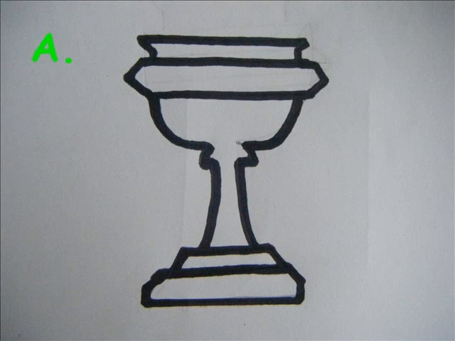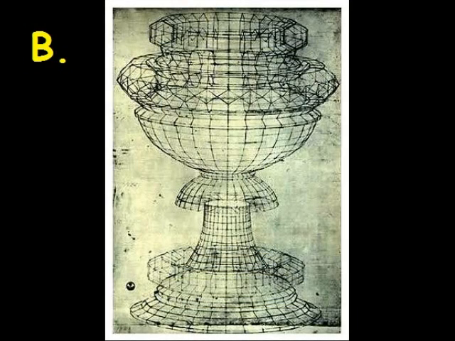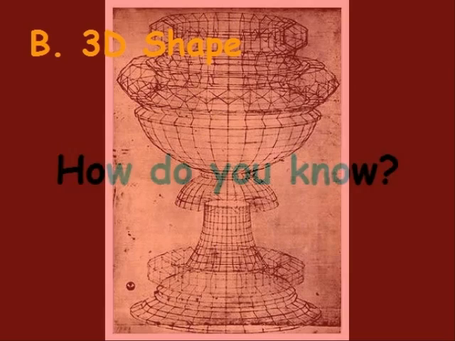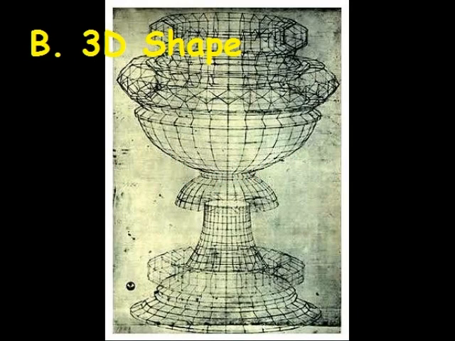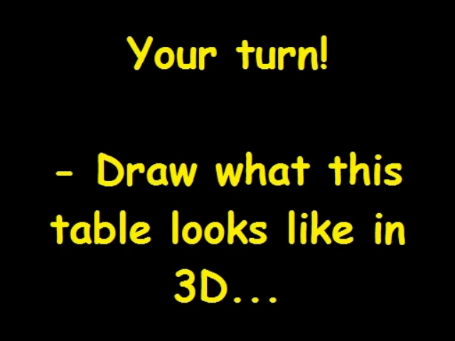A or B? How do you know? B is the 3D shape. Draw what this table looks like in 3D.